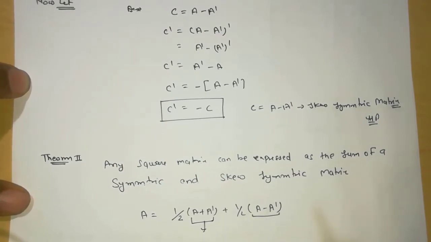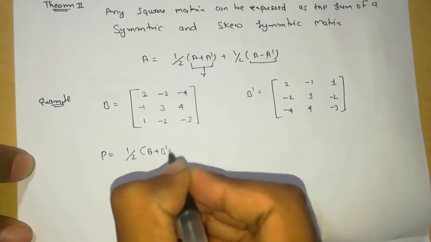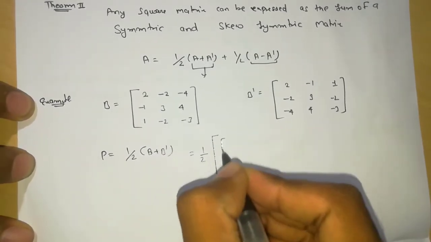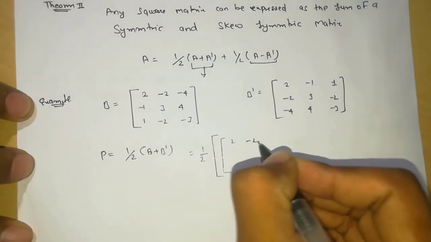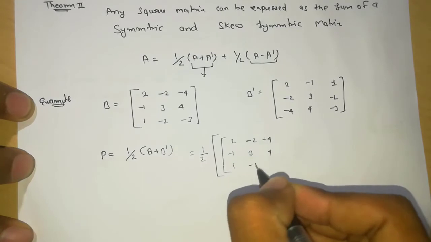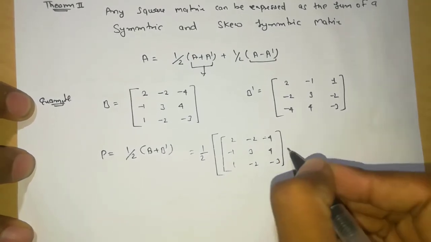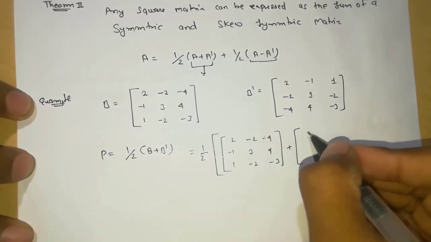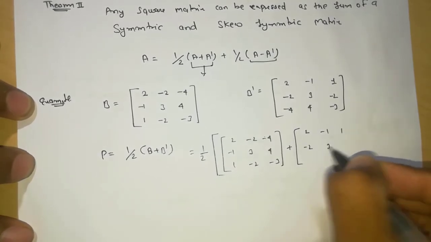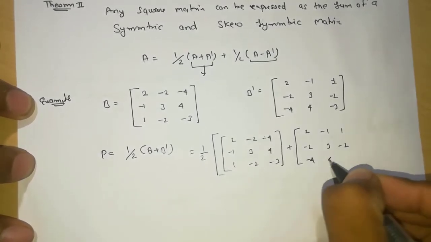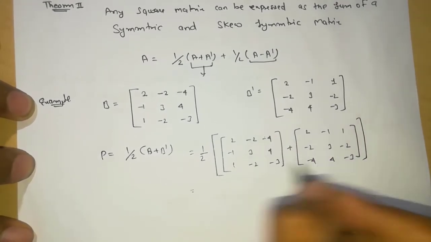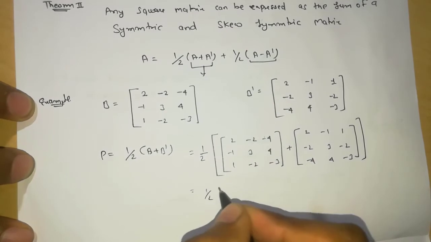Okay, to prove this theorem we will take an example. For example, we have a matrix B equal to 2, -2, -4, -1, 3, 4, 1, -2 and -3. Now express this matrix as the sum of a symmetric and skew symmetric matrix.